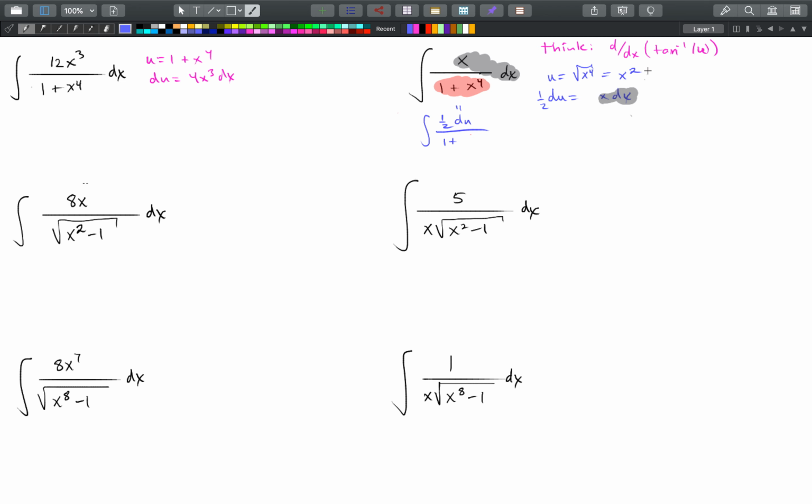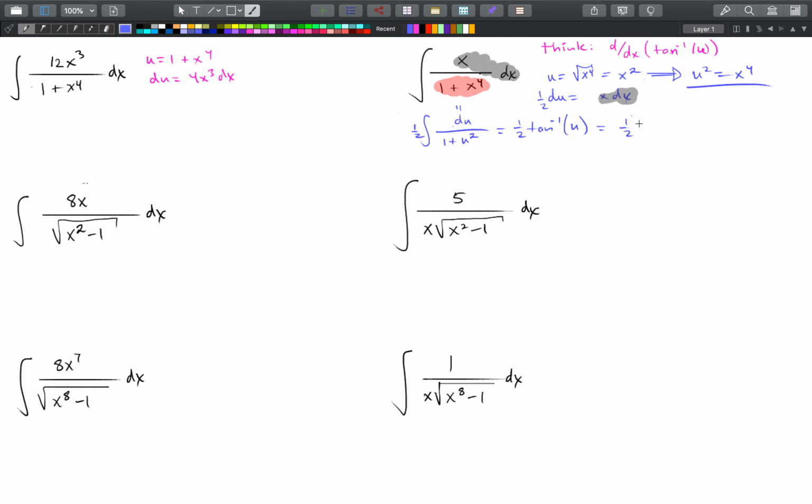I don't have an x to the fourth. Well, I do if I just square both sides. I've got an x to the fourth in my u substitution game. So this denominator is 1 plus u squared. The 1/2 can come out in front, and you should know that the antiderivative of du over 1 plus u squared is arctan of u.